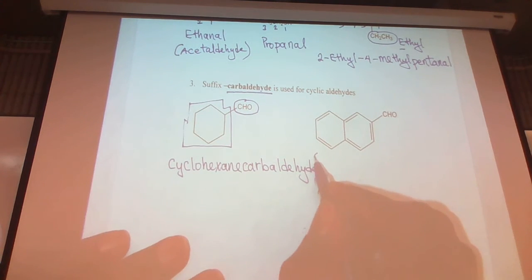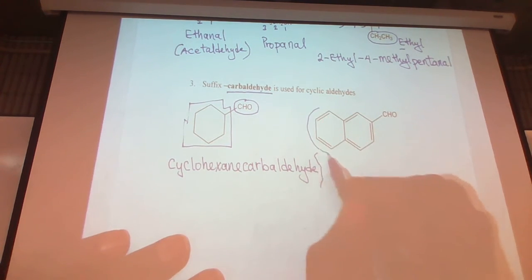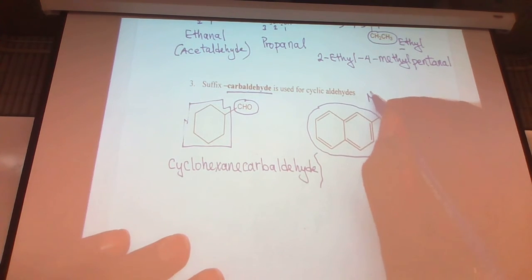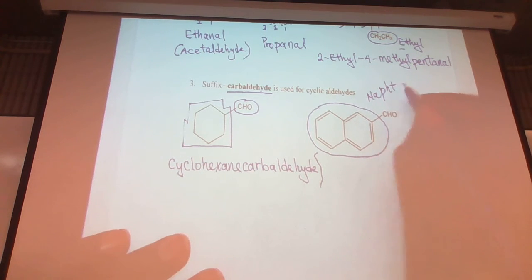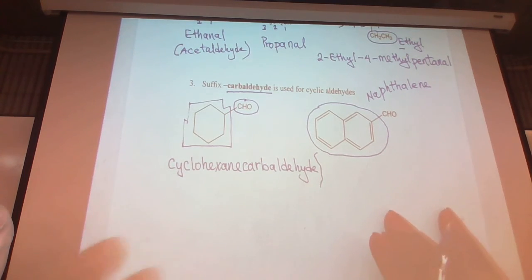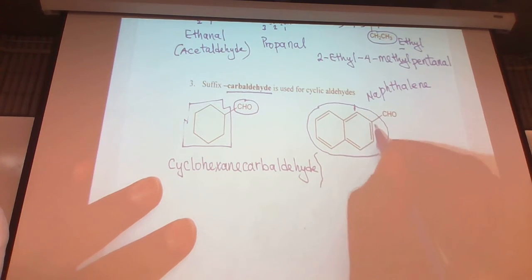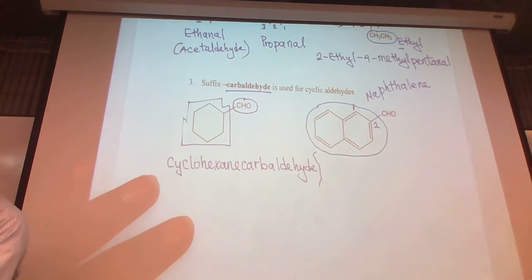For this next example here, we know that this is naphthalene, correct? Okay, that group there is called naphthalene, but your aldehyde functional group here is at position 1 and 2.